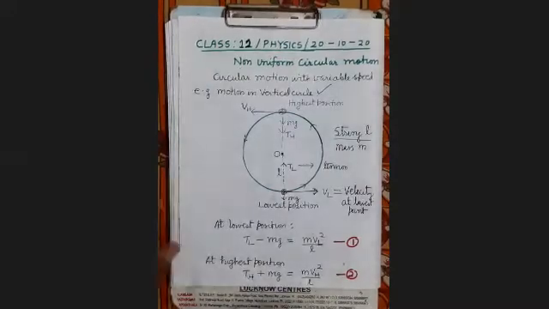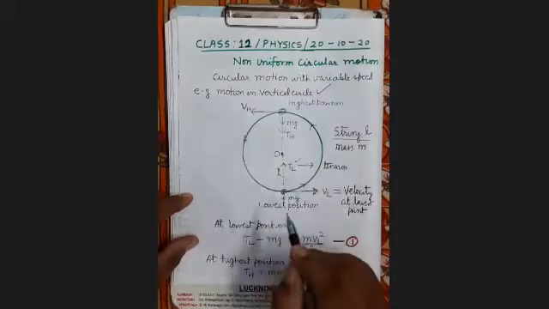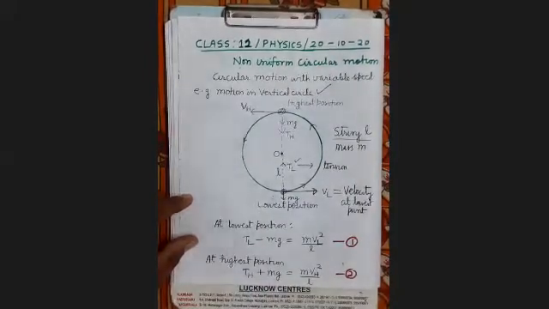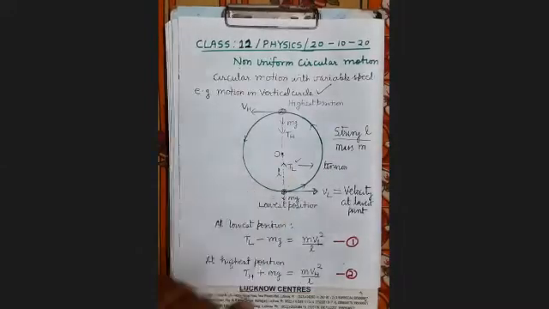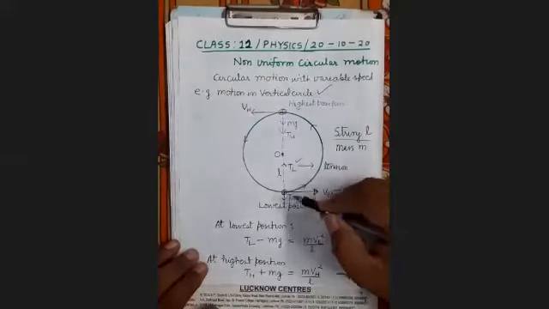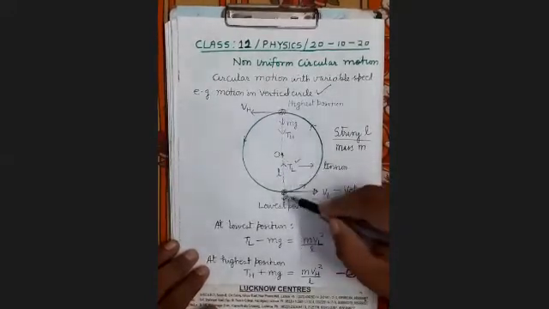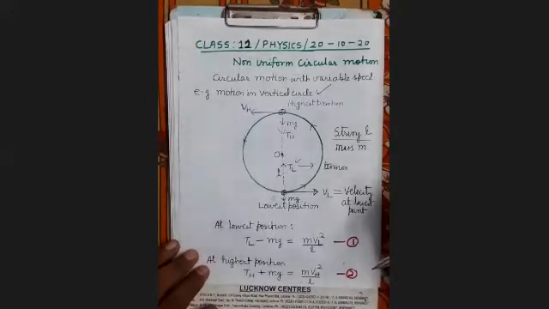As we know, centripetal force will act towards O. Therefore, TL will be bigger and mg will be smaller. Since they are acting in opposite directions, TL is acting towards O, mg is acting vertically down.